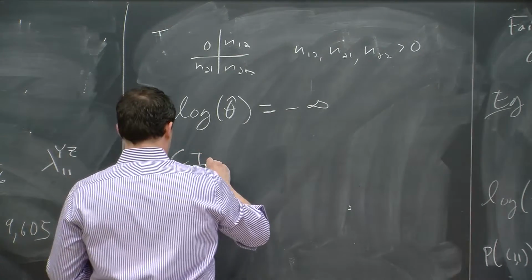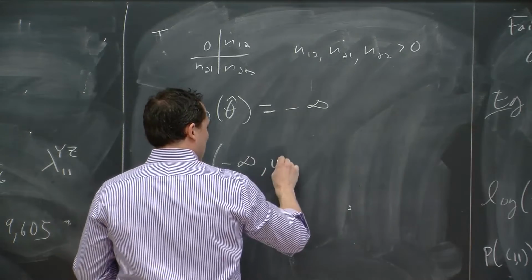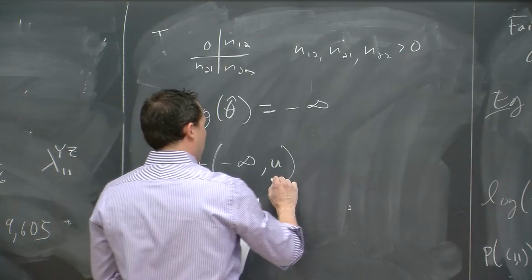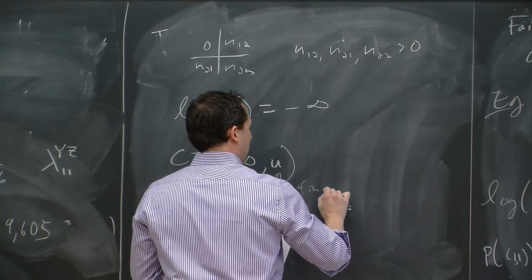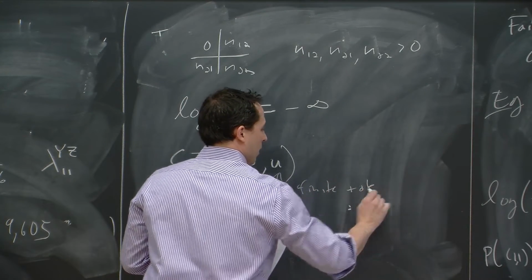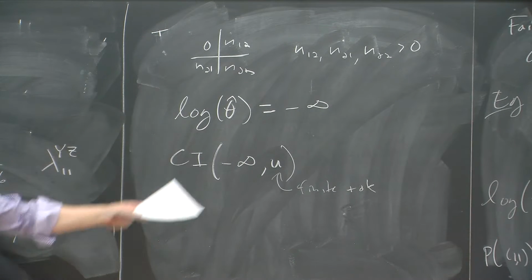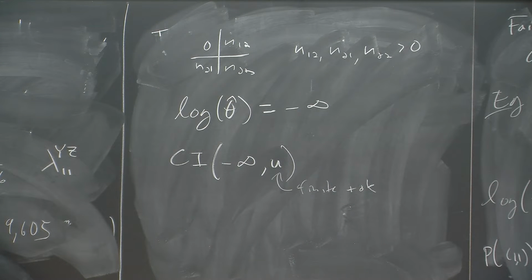If your software is doing what it should, you might be able to ask for a confidence interval. If you ask for a confidence interval, this thing will be finite and okay. Perfectly fine. So we can get partially good estimates. Our point estimate is nonsense. Our confidence interval is half nonsense, but we still can get an upper bound that makes some sense, because we do have some data, and we're able to say something.